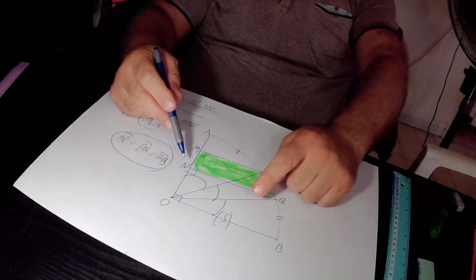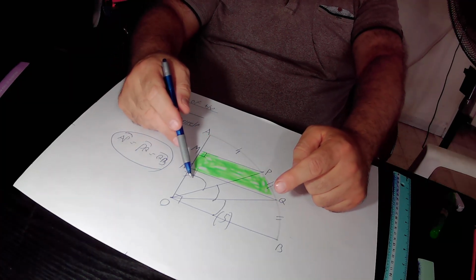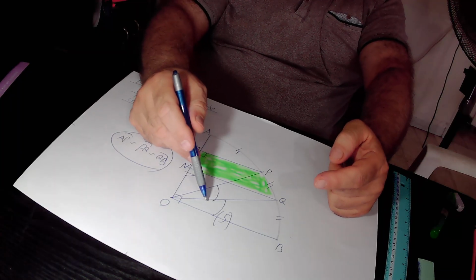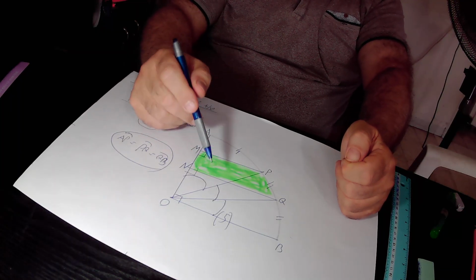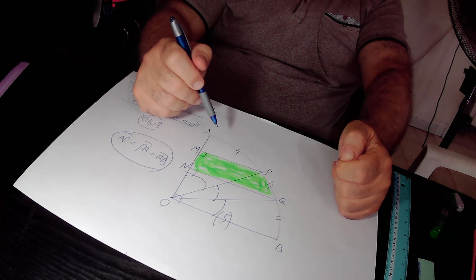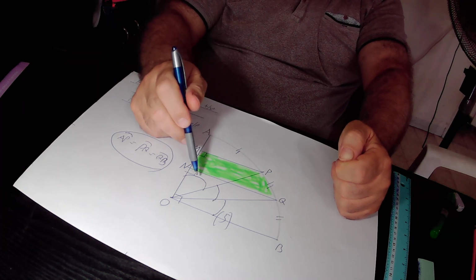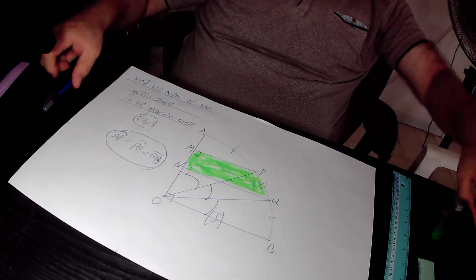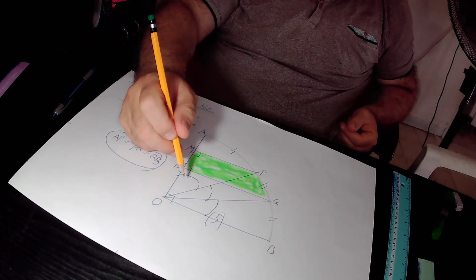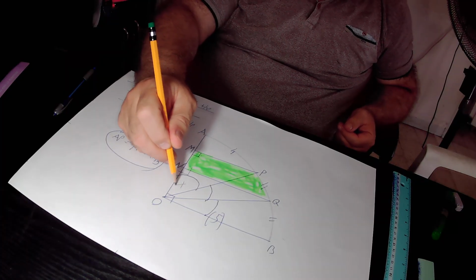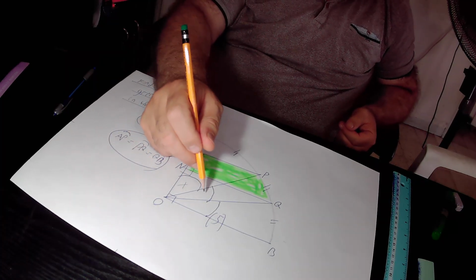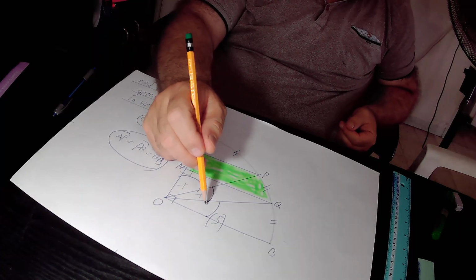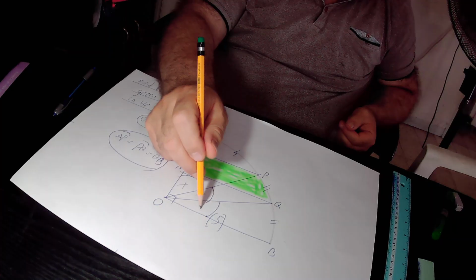So those three center angles AOP, POQ, and QOB are equal to each other because they are located in front of equal arcs. If we define the size of center angle AOP as x, then the size of center angle POQ must also be x, and the size of center angle QOB must also be x degrees in its size.